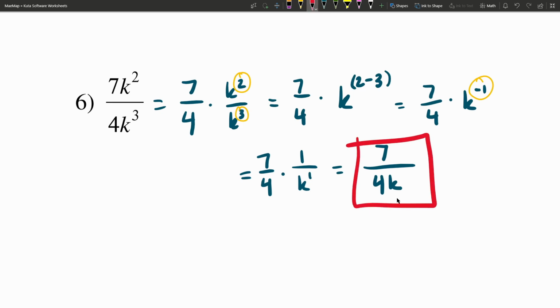You can see here that because I have more k's in my denominator than I do in my numerator, that ultimately in the end, I'm going to have some k remaining in my denominator, but all the k's in my numerator will get canceled out.